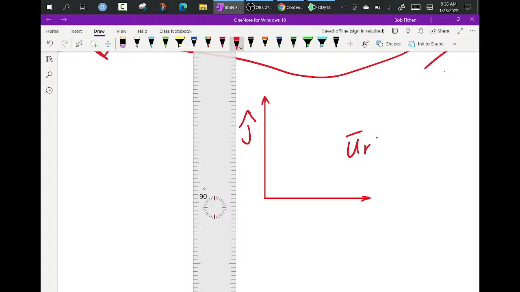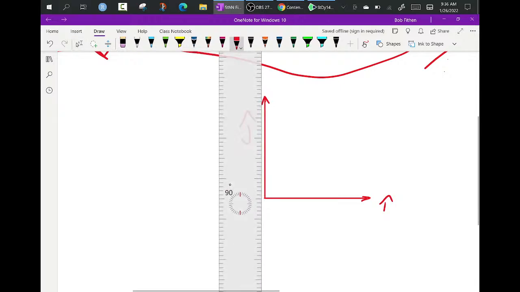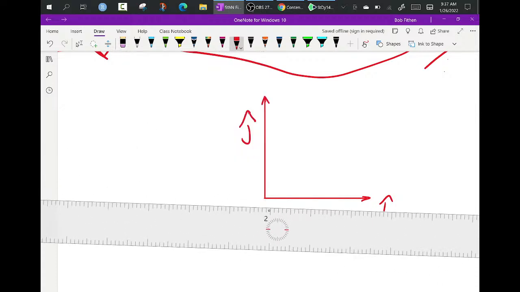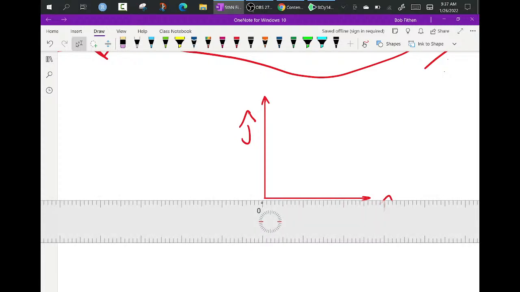Do they look the same? I think I did it. 1, 2, 3, 4, 5. Let me make sure. Maybe I did it wrong. 1, 2, 3, 4, 5. Well, actually, the little arrowhead made it a little longer.